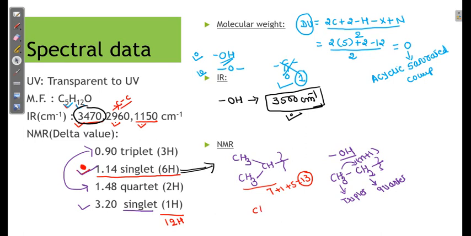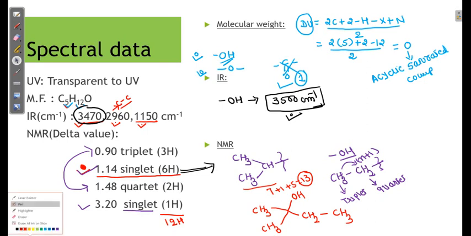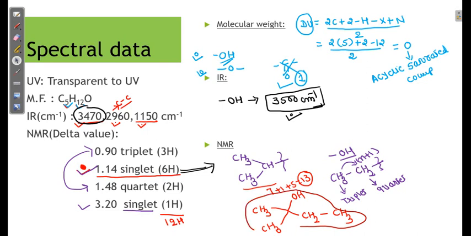By arranging the fragments, I could get this is CH3 and this is OH, this is CH2 and CH3. I hope this is the possible structure I can say. So after getting these values, we confirm this is a possible structural formula, whatever the data is given to us.